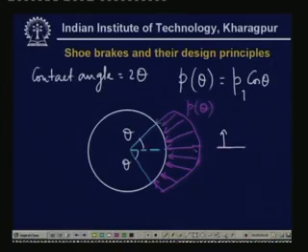Now obviously the total force F is equal to the summation of all the forces. Now force is a vector, so we have to have the vector summation. Definitely if you consider a small force, this is the pressure.